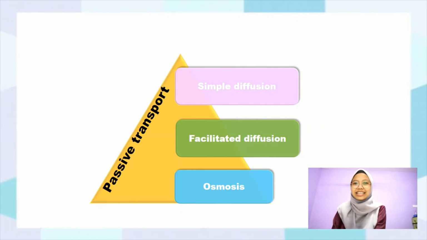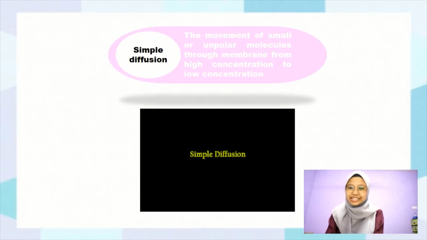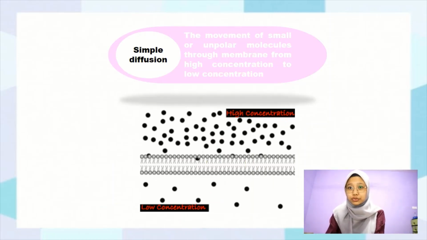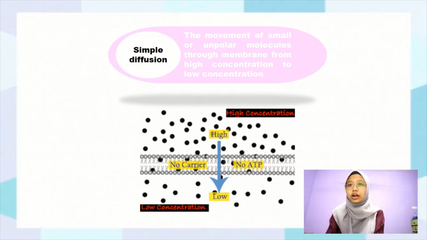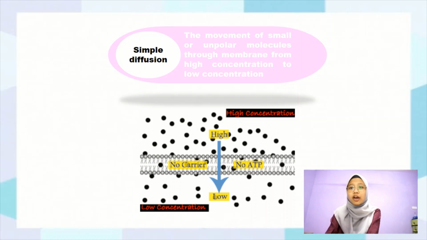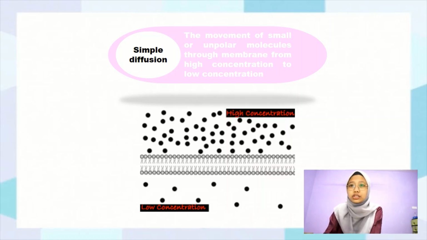So here we will take a look at passive transport. There are only three types of passive transport, which are simple diffusion, facilitated diffusion, and osmosis. First, let us take a look at simple diffusion. Simple diffusion is the movement of small or nonpolar molecules through the membrane from high concentration to low concentration.